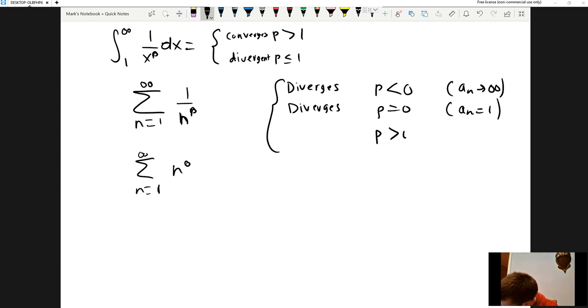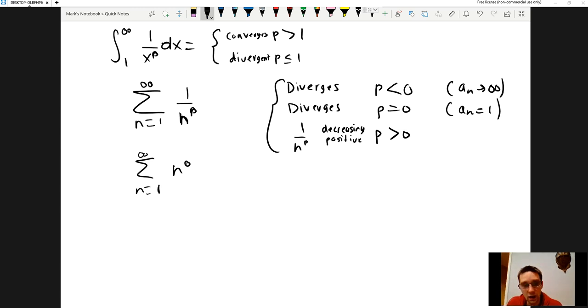And if p is greater than 0, then 1 over n to the p would be a function that has a positive exponent in the denominator. And so as n grows, the denominator grows, which means this is going to be a decreasing function. It would also be positive.